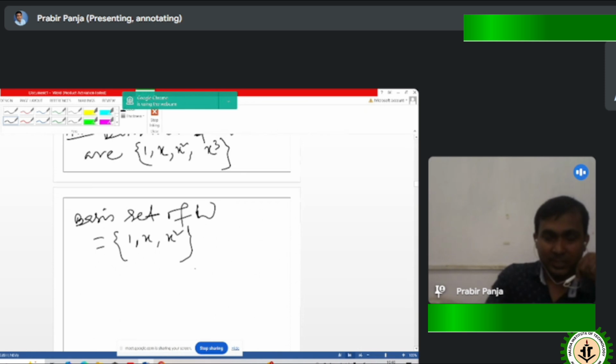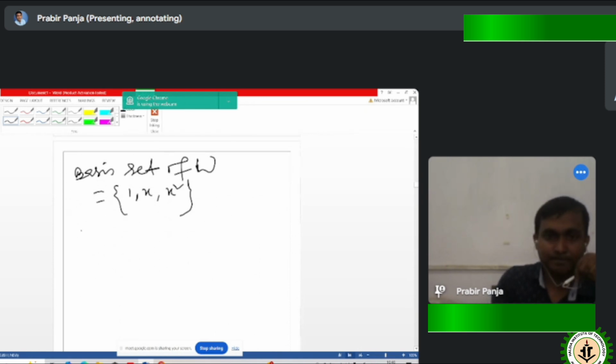Now, as per our theoretical concept, T of f(x) is defined this way: f dash x.